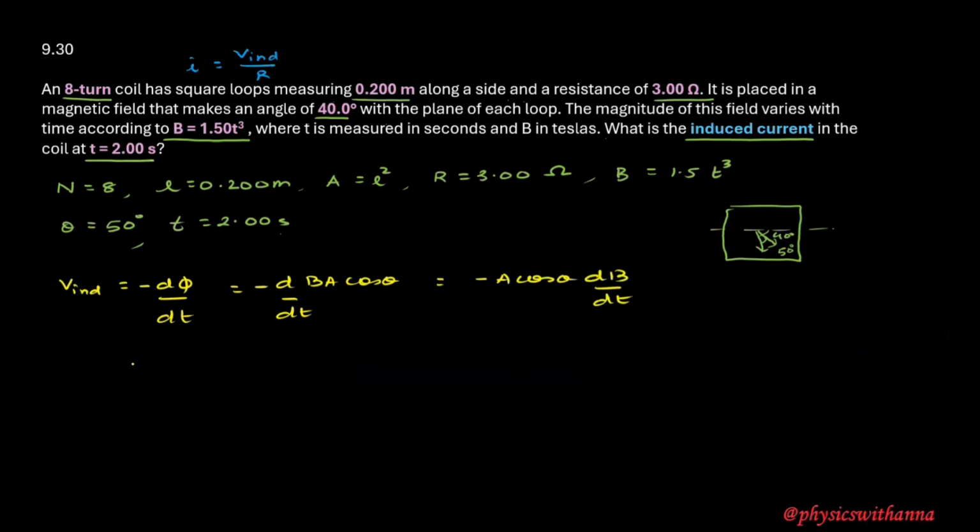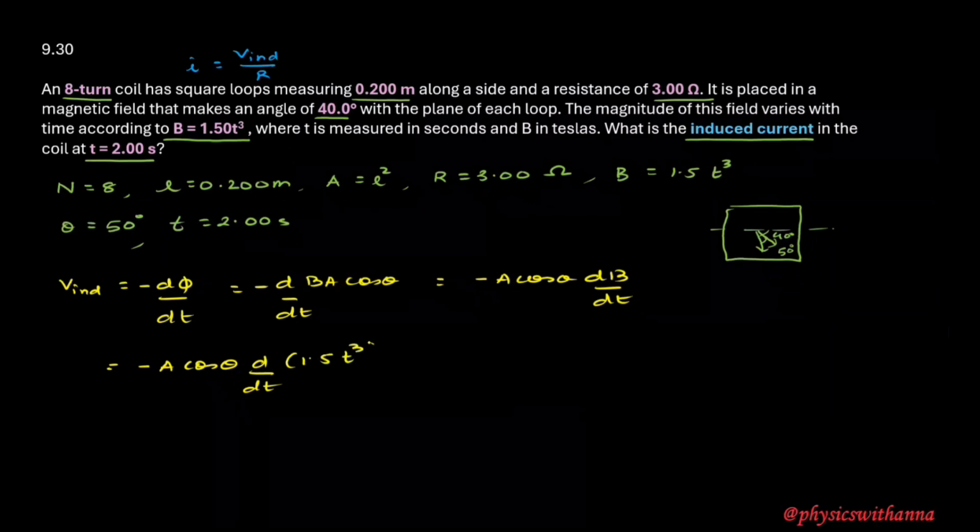Now substitute for B, we get this as minus A cosine theta derivative of 1.5 t cubed. So negative A cosine theta times the derivative of 1.5 t cubed, which will be 3 times 1.5 into t squared. Now this is the induced EMF.